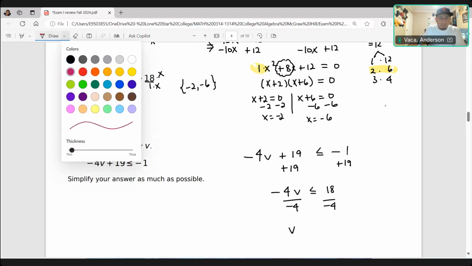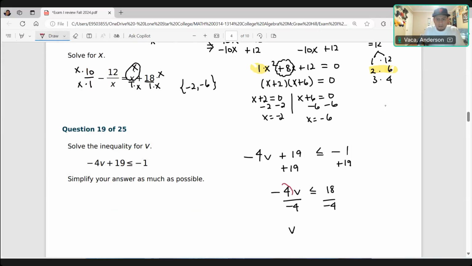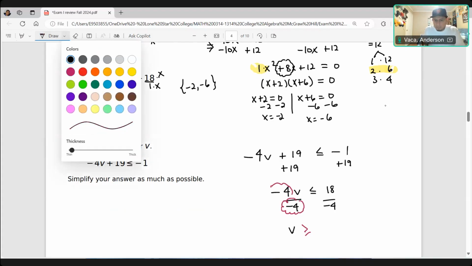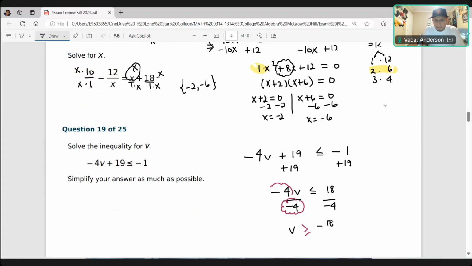When it comes to inequalities and we divide by a negative, we must flip the direction of the inequality symbol. So we get negative 18 over 4, or better yet, this will be v is greater than or equal to negative 9 over 2. The graph looks something like this.